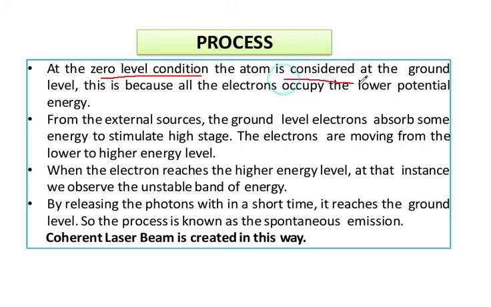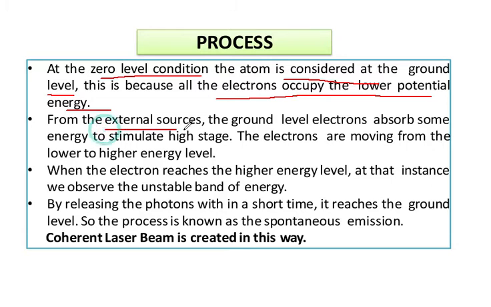The atom is considered at the ground level. This is because the electron always occupies the lower potential energy, so we can't do anything else. That's why the atom is considered at the ground level.